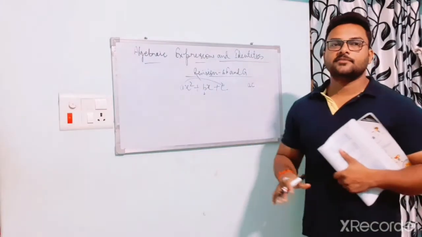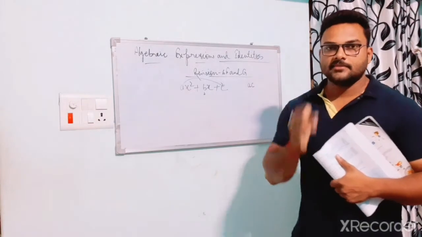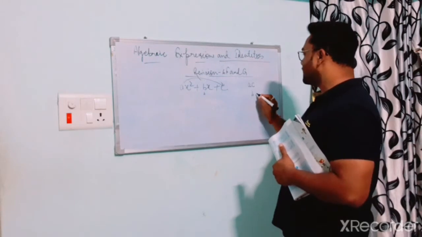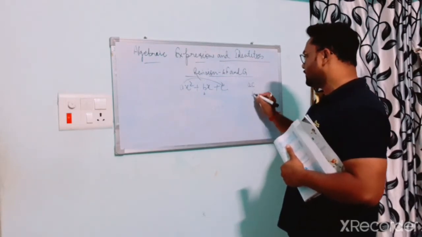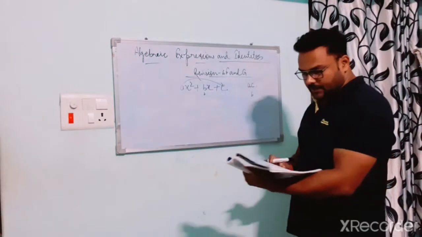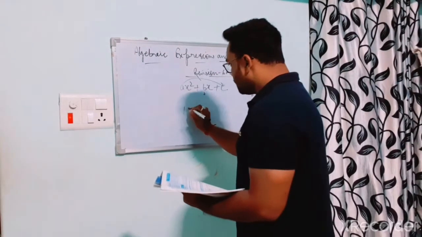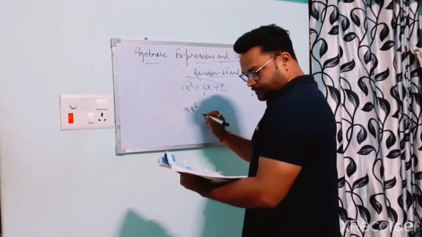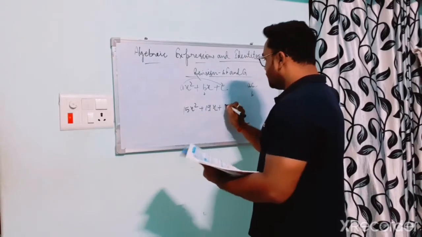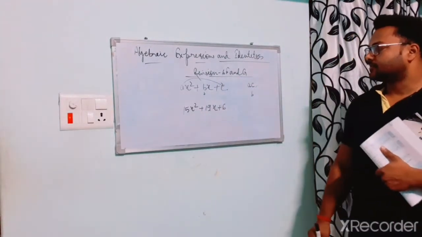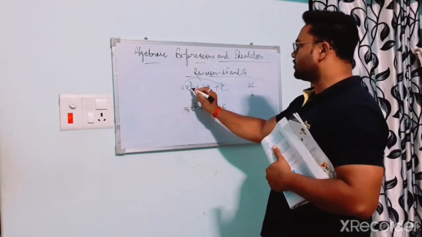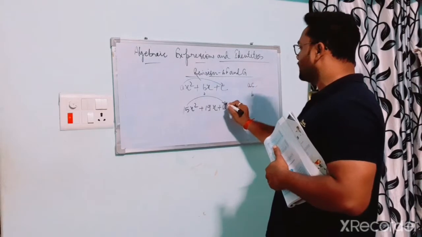Same way as we have done in the previous exercise, you have to split B in such a way that their sum is equal to B and their product is equal to AC. I'll give you one example, and you will understand. 15x square plus 19x plus 6. As we have done, we multiply the coefficient of x square with the constant term.